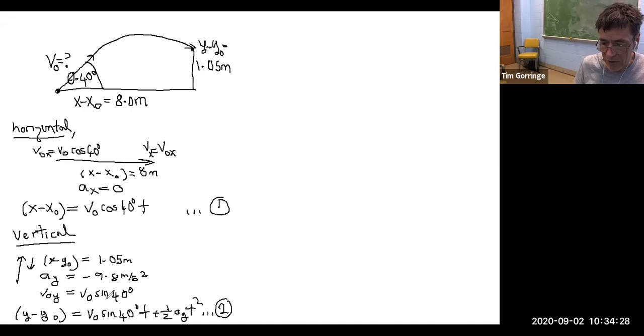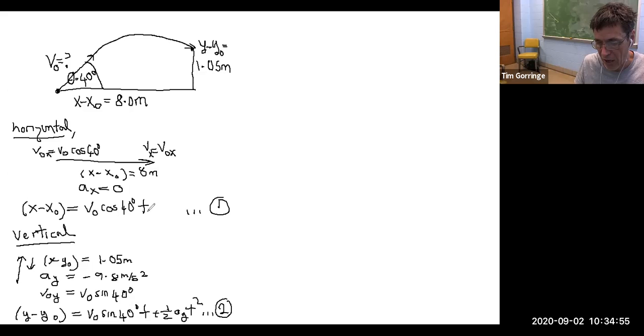And if you look at these two equations, the one I've labeled 1 and the one I labeled 2, well, we know the displacements on the left-hand sides of both equations. But on the right-hand sides, they both contain two unknown quantities. The initial velocity, the v naught, that's an unknown.